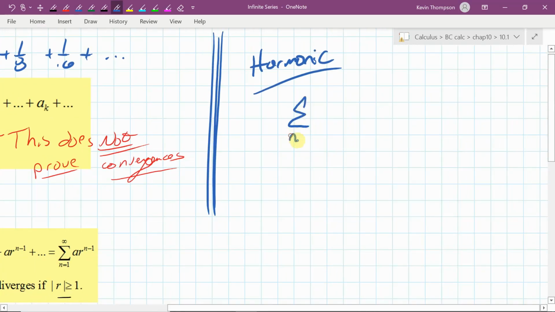It's the summation from n equals 1 to infinity of 1 over n. So it's 1 plus a half plus a third plus a quarter plus a fifth, dot, dot, dot, forever and ever and ever.